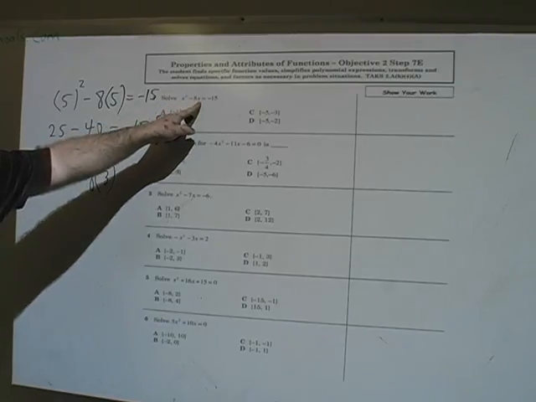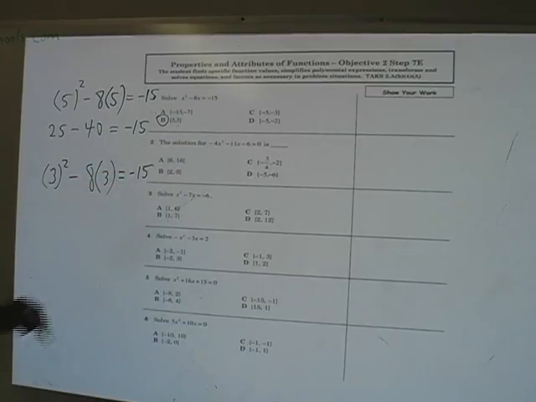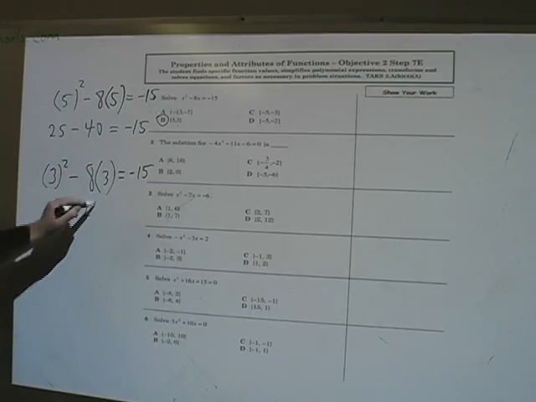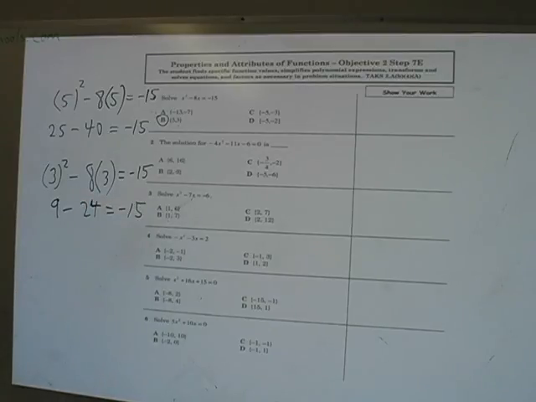Plug a 3 into that x also. And that should be negative 15. 3 squared is 9 minus 24. Negative 15. And that's true. So that's the answer. You're going to do the same way on all of these, okay?